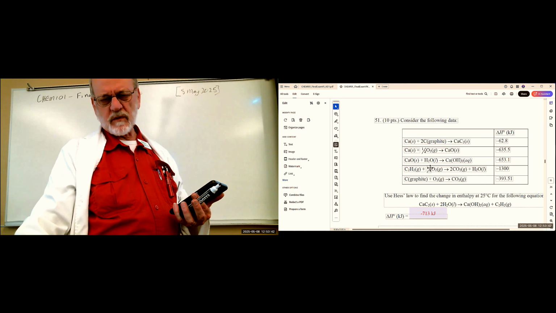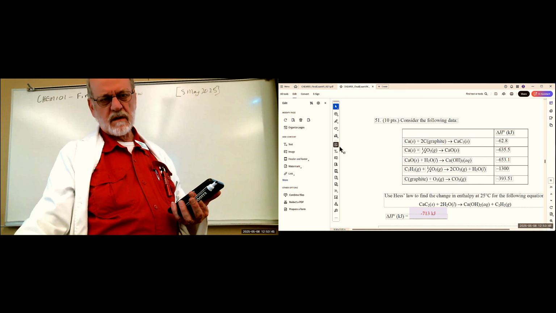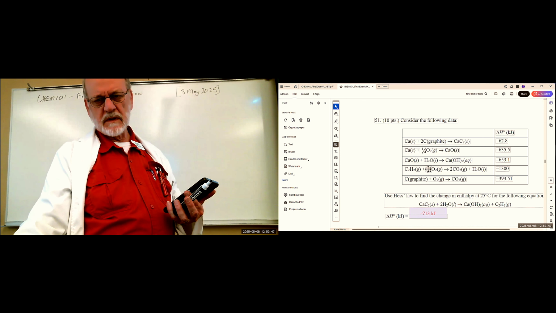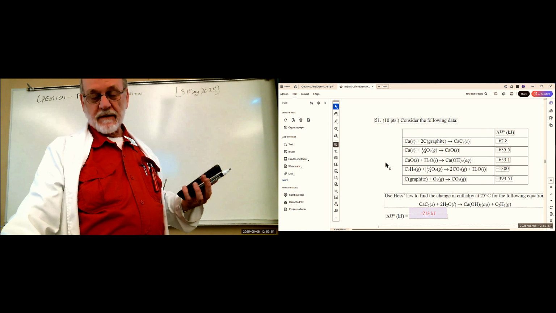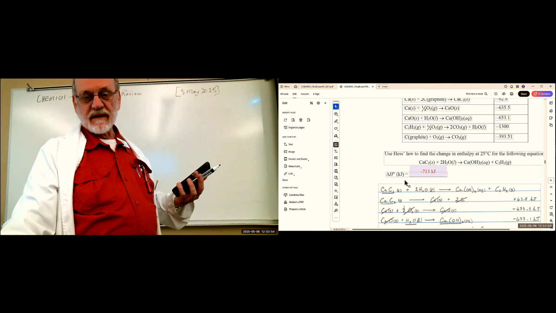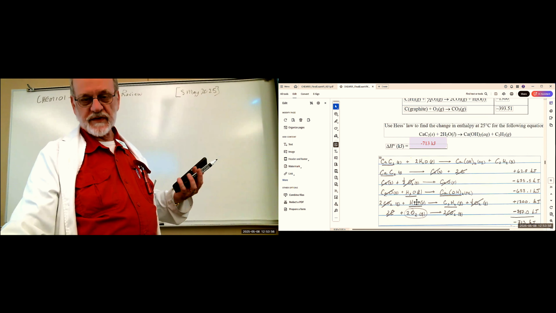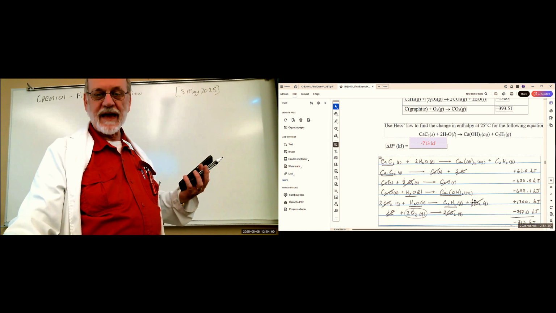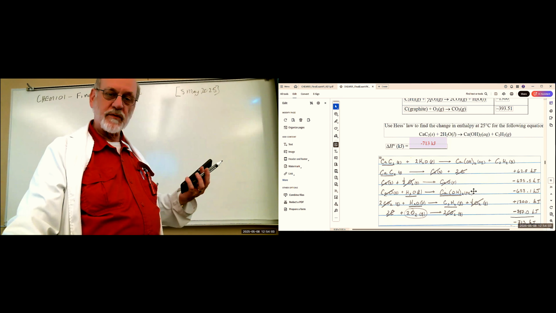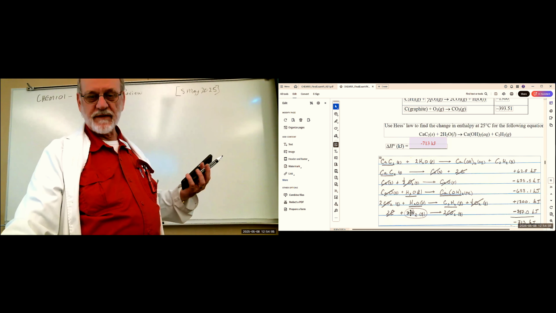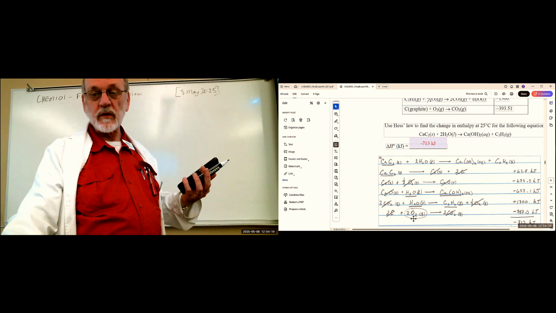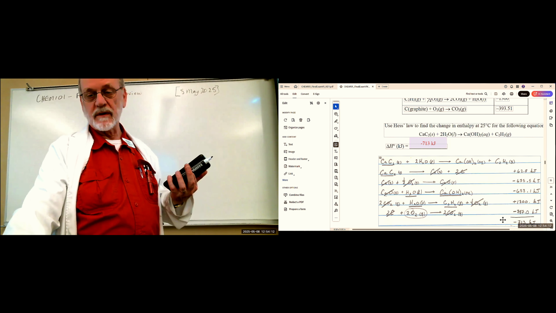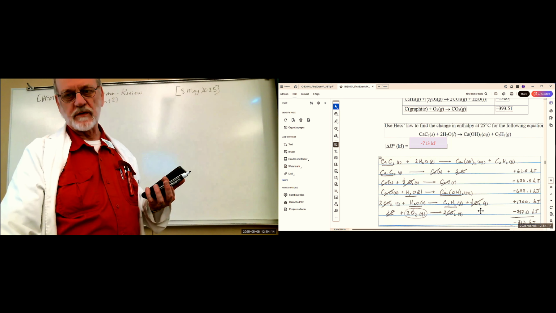But that one right there, this oxygen should be 5 halves, not 1 half. If that's 5 halves, then it comes down here to the one with acetylene. This is 5 halves. And that 5 halves will cancel both this 1 half and this 4 halves. Okay, so it will balance out and you get the right number, minus 713 kilojoules.